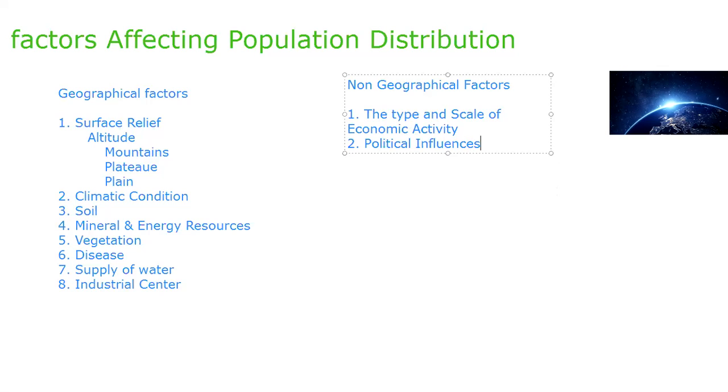A country which has good political policies and a good political environment will attract more population compared to a country where political influences are bad and the overall political conditions are not favorable, because then people will not go to those areas. Like Afghanistan, nobody would like to go and live there because of the political factors and the government policies as well.